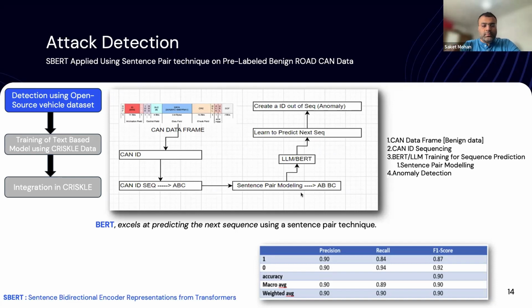Then you can derive the CAN ID sequence out of it using the same sentence pair modeling technique. And then you feed that into the LLM or the BERT to predict the next sequence of that anomaly or event, capture the ID, and tell that this anomaly is this particular attack scenario based on the raw data set.